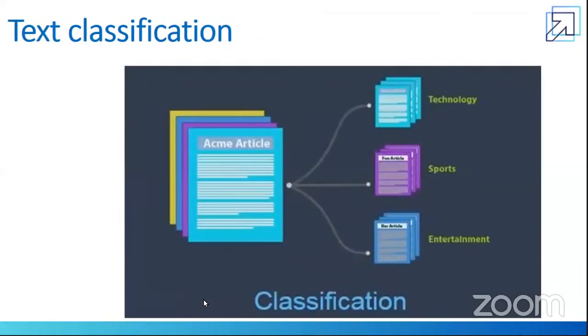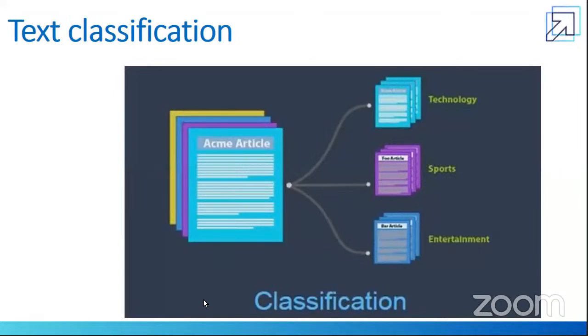And the next application could be text classification. You can consider text classification as categorization or tagging, which is the task of assigning a set of predefined categories to free text. Text classification can be used to organize your data, structure your data, and categorize pretty much anything in the world.